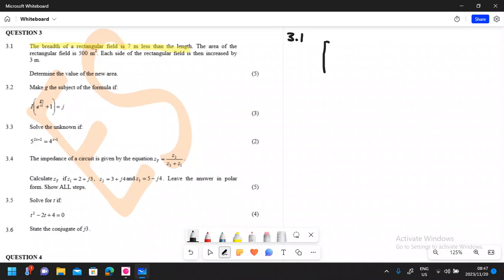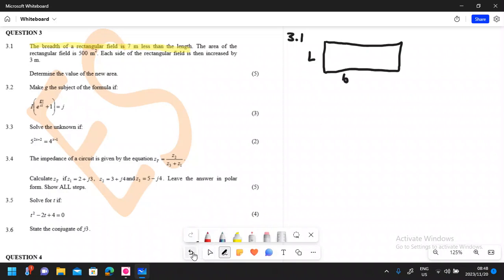Let's start by drawing the rectangular field. So let's say this is your rectangular field, and this is the breadth here. The breadth of this rectangular field is 7 meters less than the length. So let's say this one is the length. So the length, we can say the length is x.